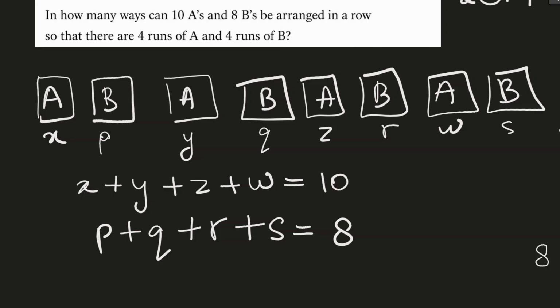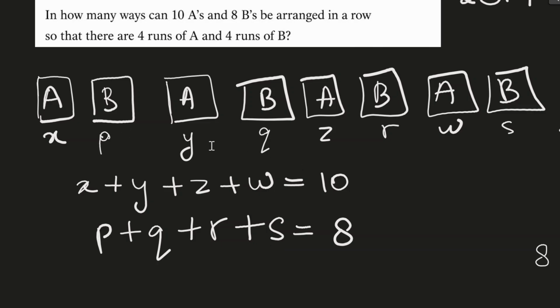And every block has to have at least one A or B in the respective blocks. It can't have zero because think about it. For example, if this block has zero A's, then this block and this block will just become one block, right? Because they both are B's.